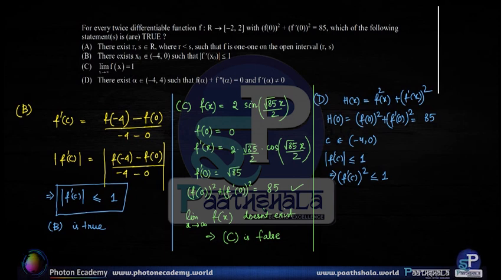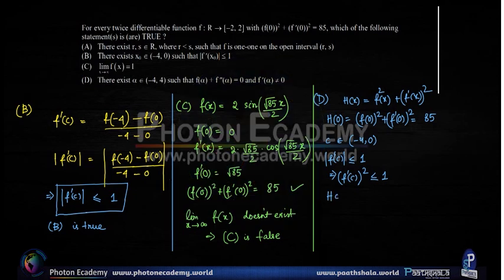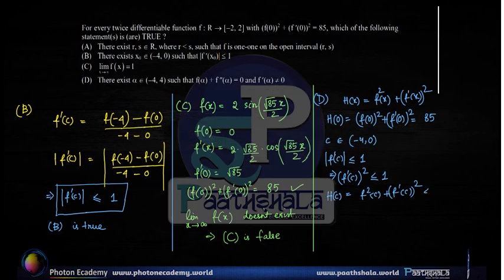This we know from what we have found out in option number B. Hence, we have h of C is equal to f square C plus f dash C square, which is always less than or equal to 4 plus 1, which is less than or equal to 5.